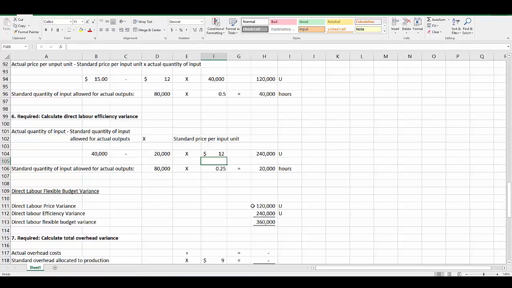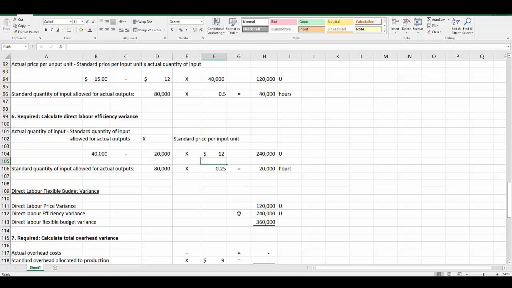So 120 of that was because the hourly wage rose from $12 to $15. And that could have happened, for example, when the standard price was set. It may have occurred before negotiations with the union, and perhaps after negotiations the wage rate went up from $12 to $15.